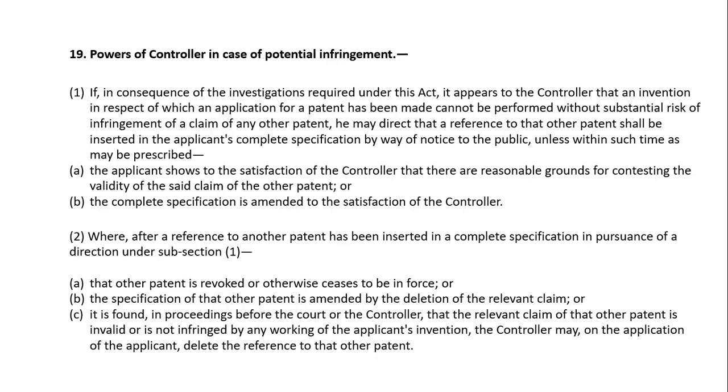In 18, any prior publication, published application or granted application can be considered. But in potential infringement, only granted claims are considered. Okay, so is 19 subsection 1 clear? Yes, ma'am. Okay.